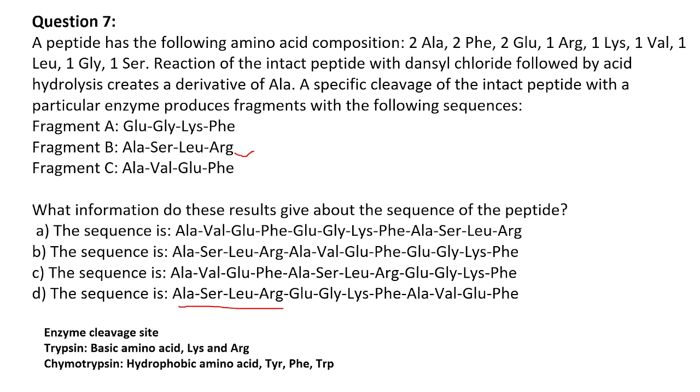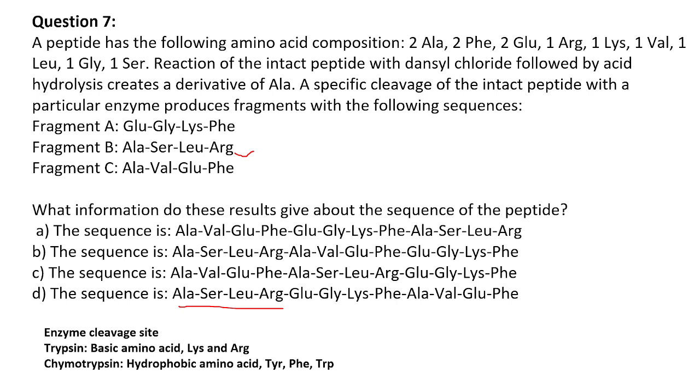Let's put one of them at the N terminus and then see whether the chopping will be the same, because here we are going to use only one enzyme. So whether it will be basic amino acid chopping or hydrophobic amino acid chopping with the enzyme.